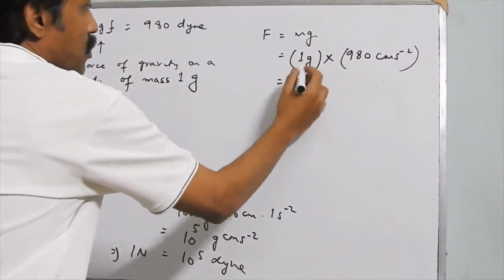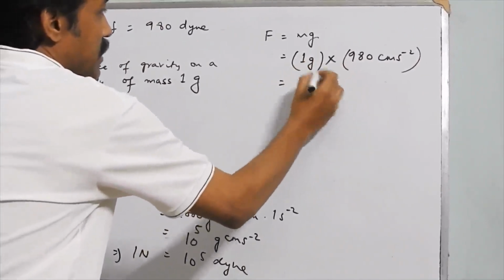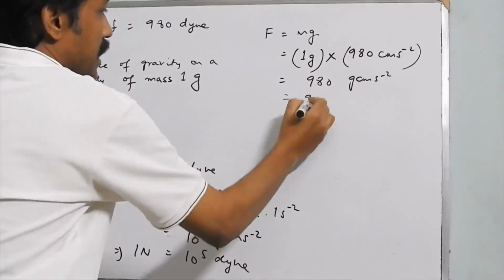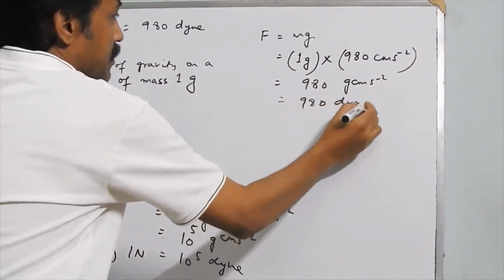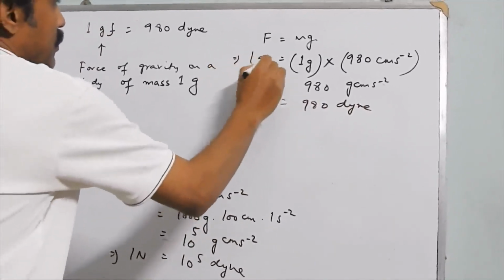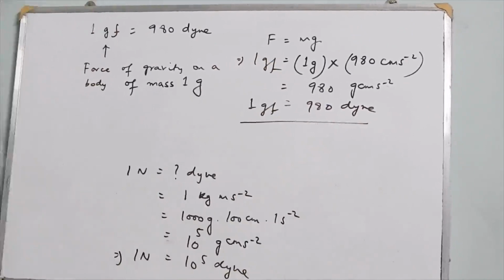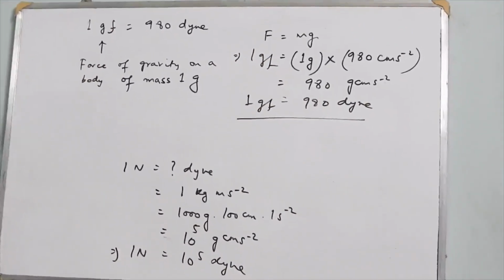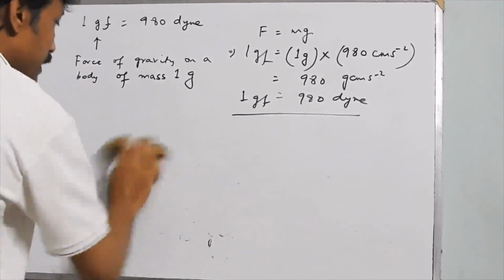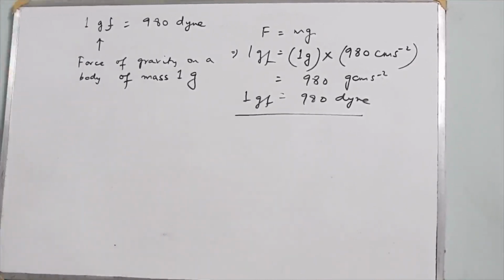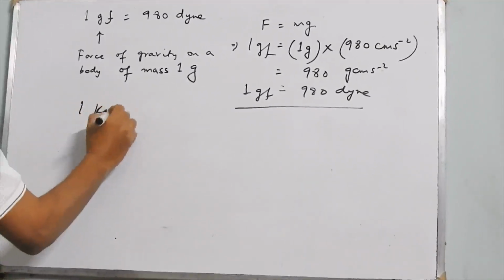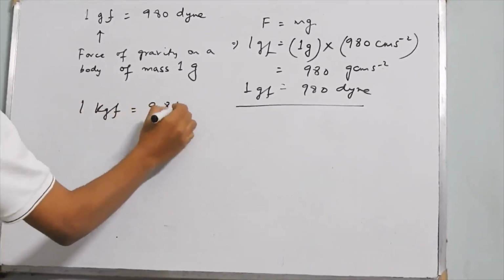Now you see that 1 into 980 is obviously 980, and gram centimeter per second square is nothing but dyne. So what we get is 1 gram force is 980 dyne. Similarly, if you consider the force of gravity and take the SI unit, then what you have is 1 kgf, and 1 kgf is 9.8 Newton.